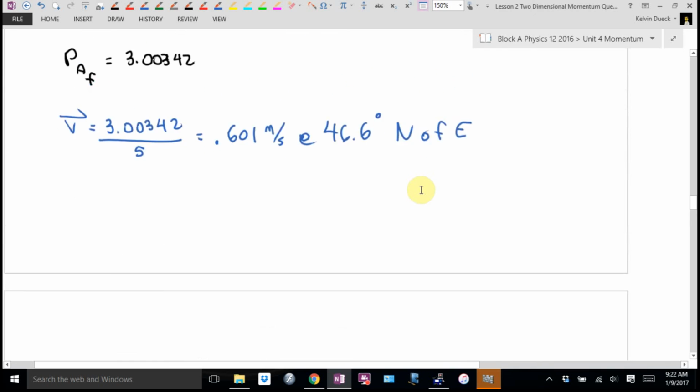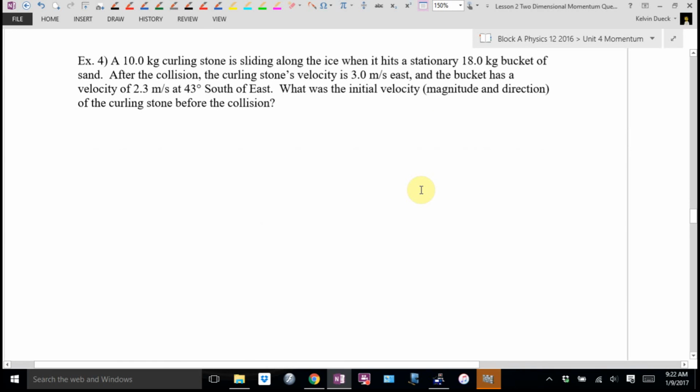Let's try another one. These are tough. Don't kid yourself. A curling stone is a good example of conservation of momentum, very little friction, so your answers actually will be good. A curling stone is sliding along the ice, but it hits a stationary, I'll probably underline the word stationary because that tells me something, 18 kilogram bucket of sand.